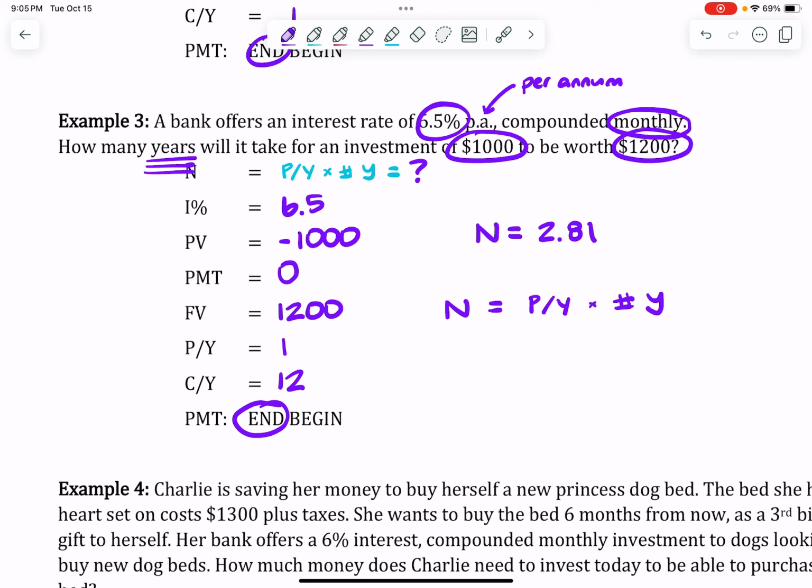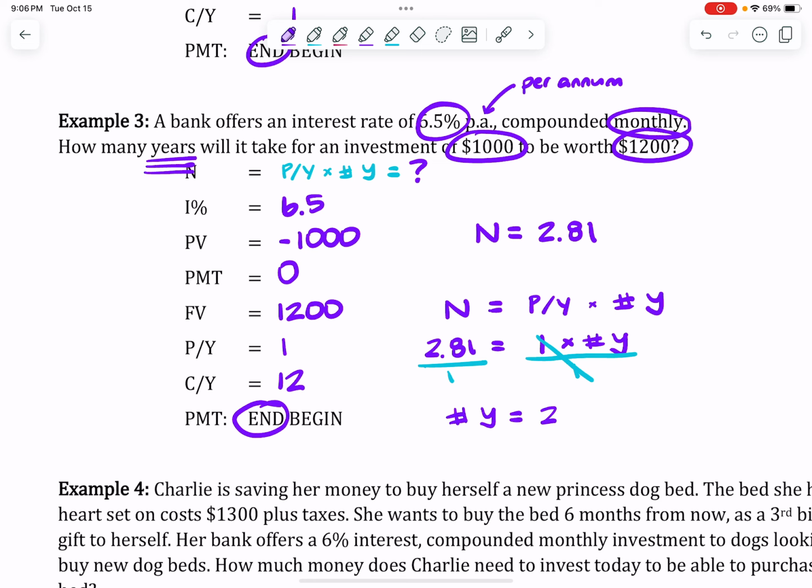And if I plug in the values that I know to this formula that we know is how to calculate N, 2.81 equals 1 times my number of years, I can confirm that I end up with the correct value for the number of years.